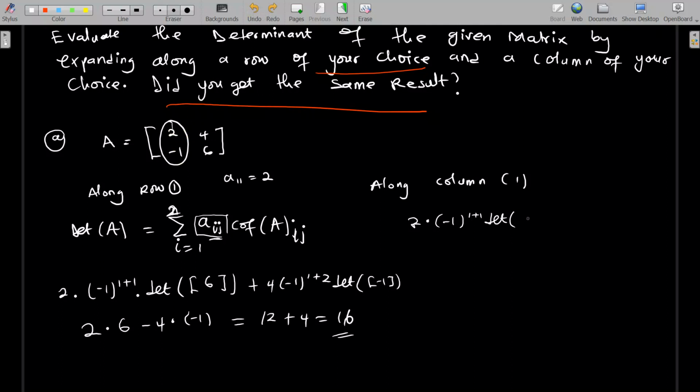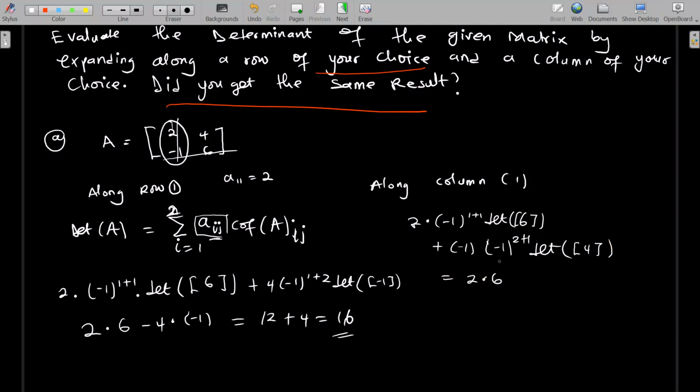So I'm going to have the determinant of the matrix 6, then plus the next entry there, -1, times -1 to the power, that -1 entry is at the point 2, 1. So you're going to have 2 plus 1 times the determinant when you delete row 2 and column 1, and that is going to give you the matrix 4. So -1 to the power 2 is 1, so you have 2 times 6.